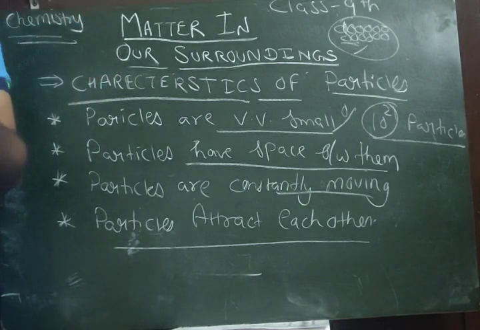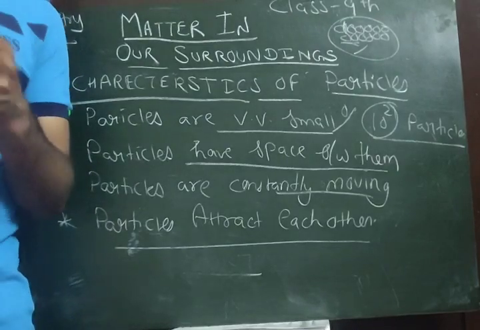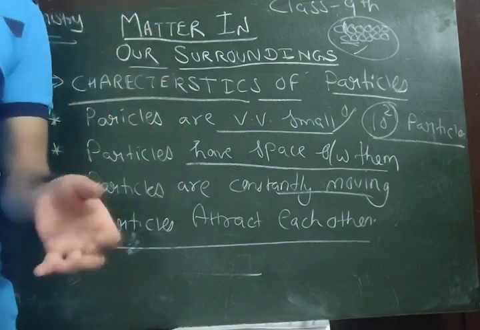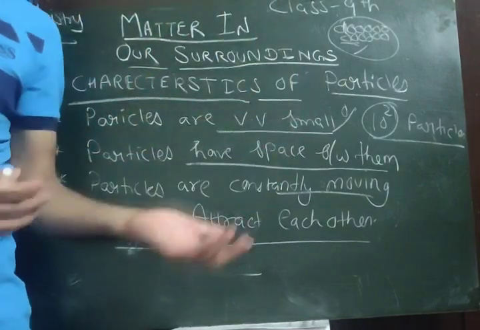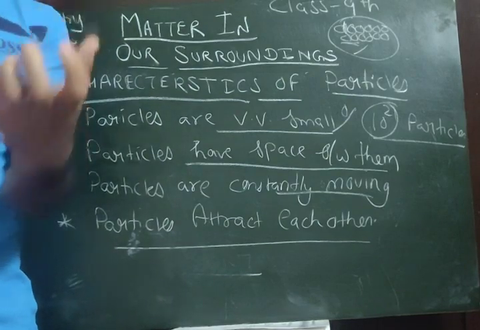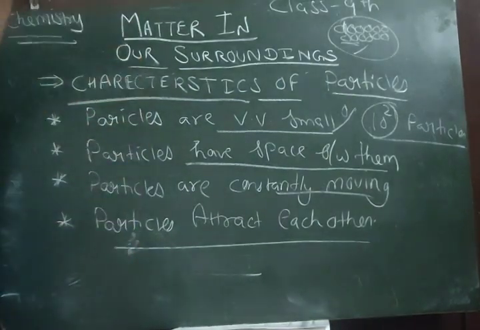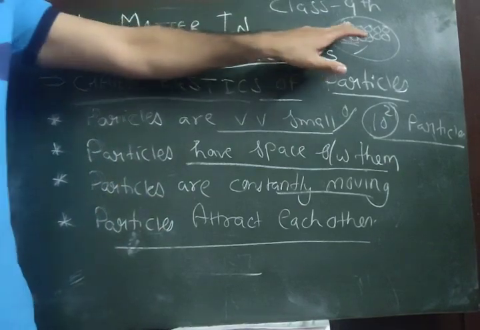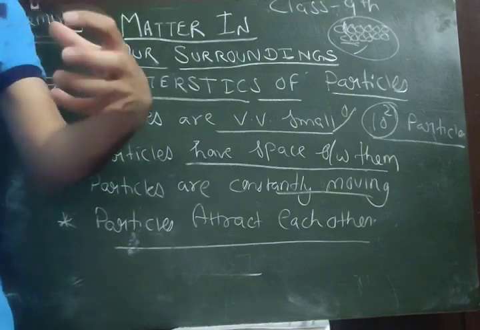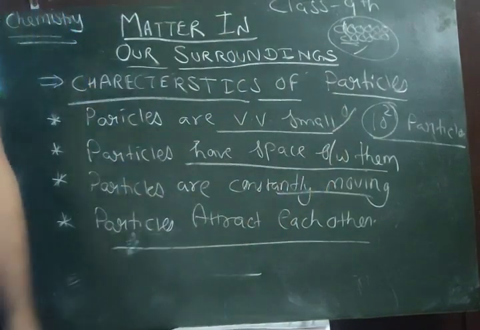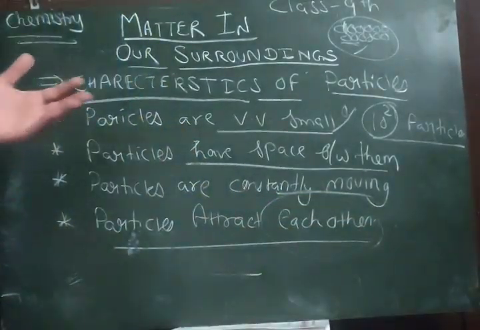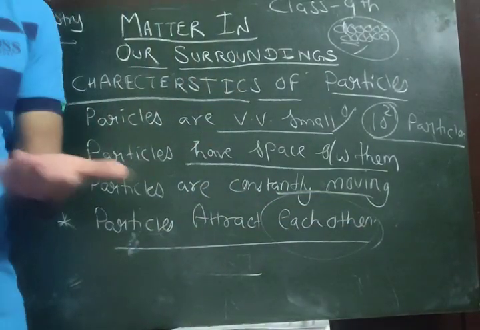But if a person in the class has only a hello-hi friend, it is quite easy to create friction between them. The same thing is there. If the attraction is high, they will be very close to each other. If the attraction is low, they will get far away from each other. This comes in the particle case as well, and even in our personal life.